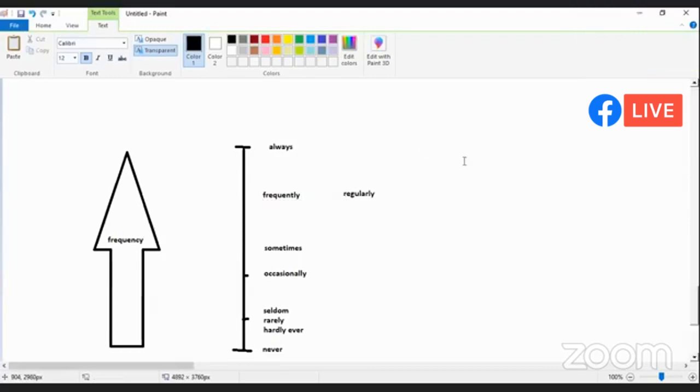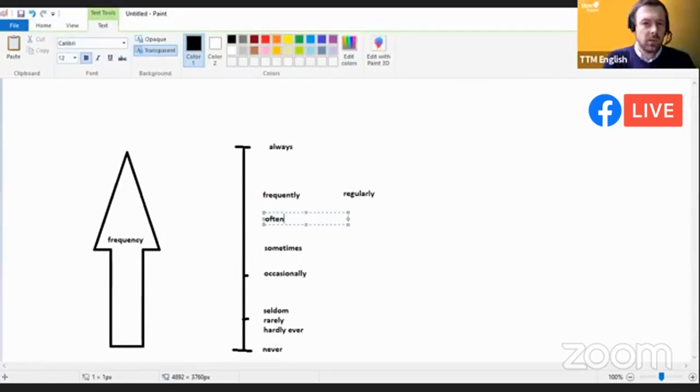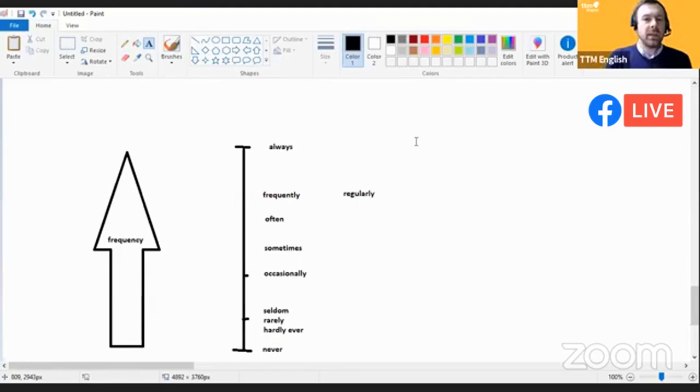Just right next to it? I wouldn't do that. I would say frequently is a bit more up here. I would put the word often here. Frequently to me seems to be a bit more often. Any other words that you can think of?